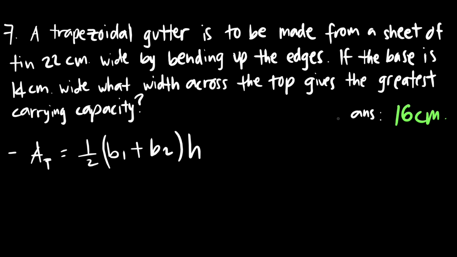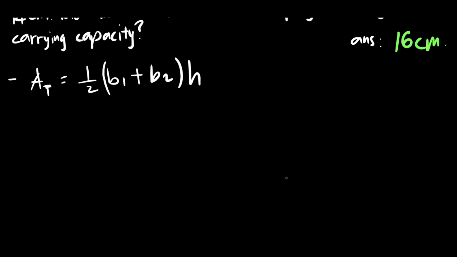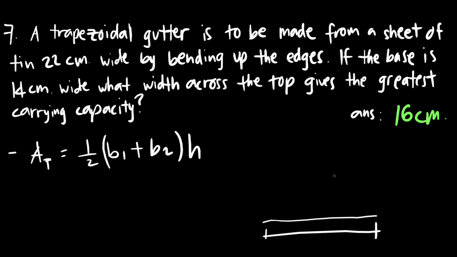So here we go. From a sheet of tin 22 centimeters, so we have 22 centimeters of tin. So let's say this is 22 centimeters, and by bending up the edges, if the base is 14 centimeters wide, what width across the top gives the greatest carrying capacity?